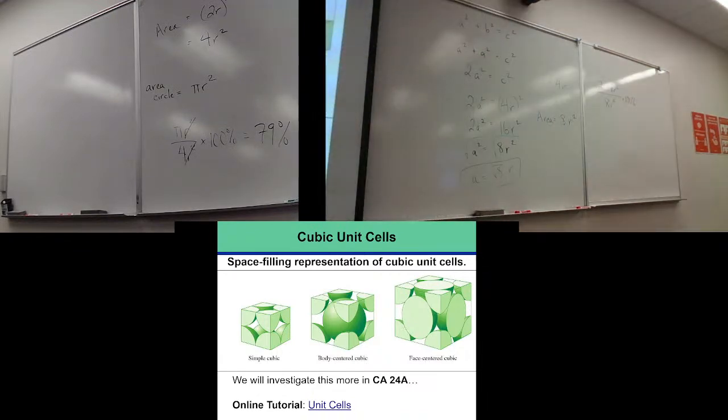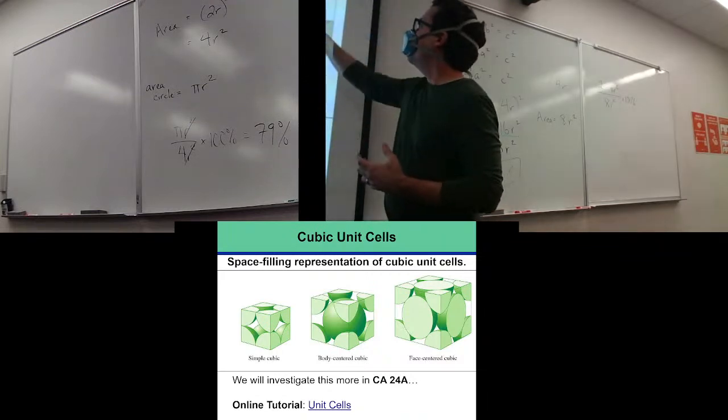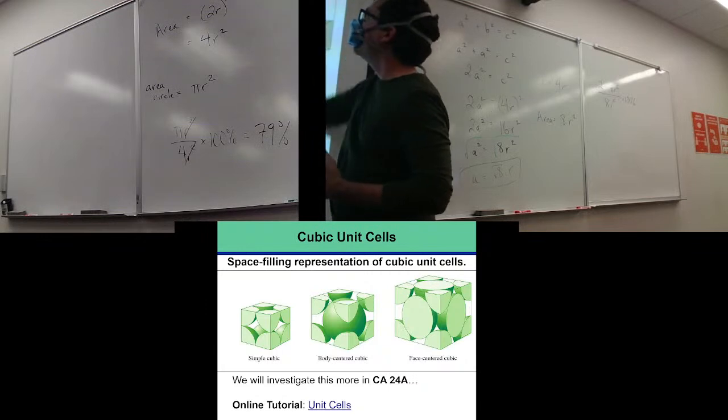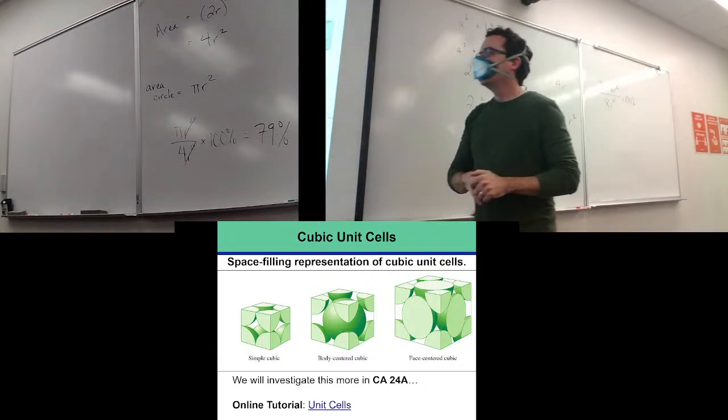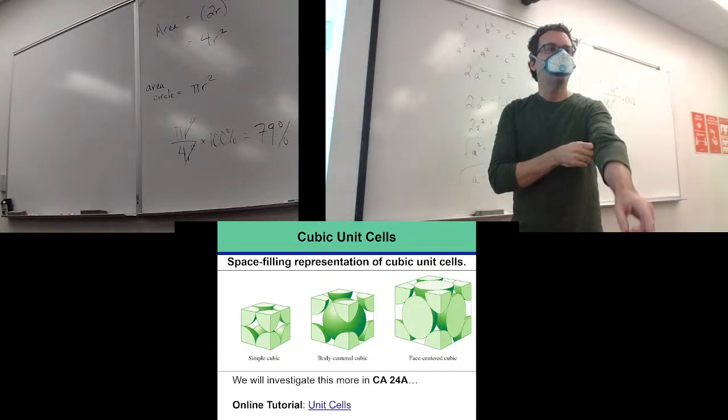They butt up against each other. So this atom, which is only partly inside this unit cell, is butting up against this atom, which is only partly inside this unit cell. You've got here one in the dead center butting up against the corner atoms. And then here you've got these face atoms butting up against the corner atoms. That is a face-centered cubic, yep.